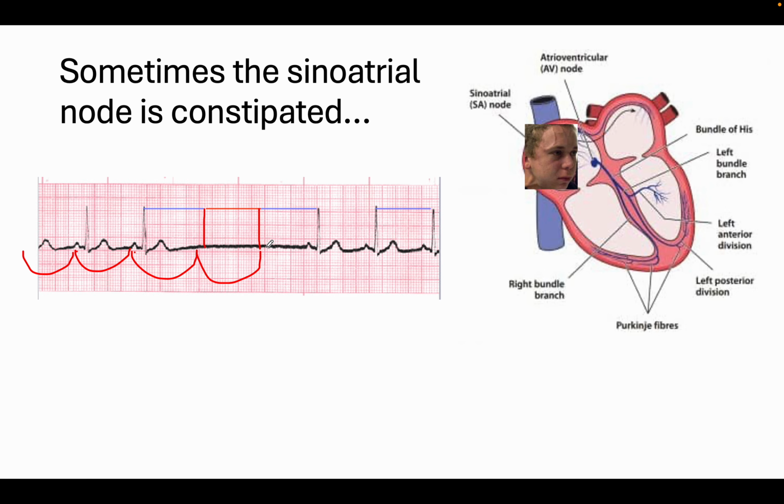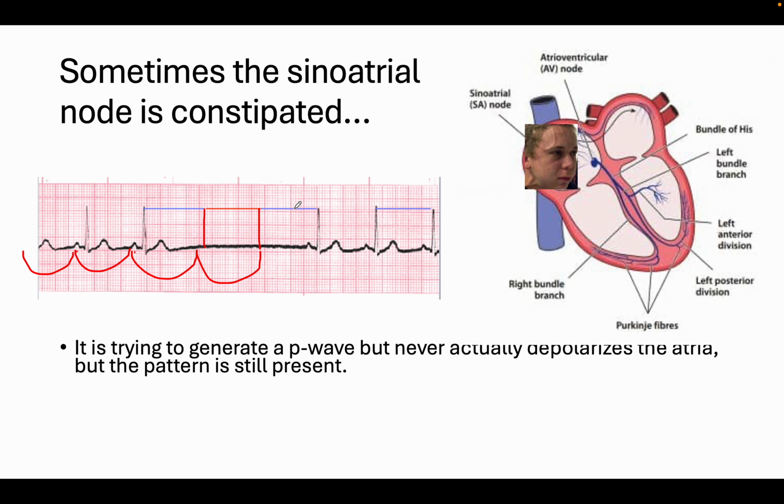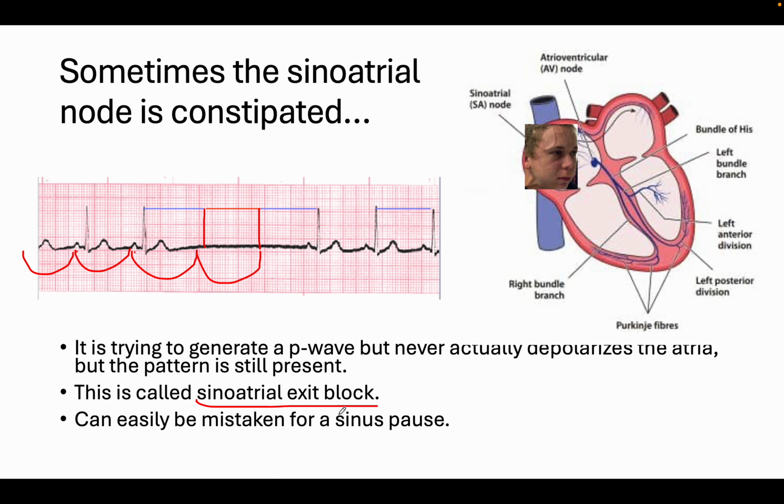It's not random, unlike a sinus pause, where the pause can come and go randomly with no ability to map the P waves out. So we call this a sinoatrial exit block, which is just another type of sick sinus syndrome that you need to be aware of. Remember, sinoatrial exit block, and again, it can be easily mistaken for a sinus pause.